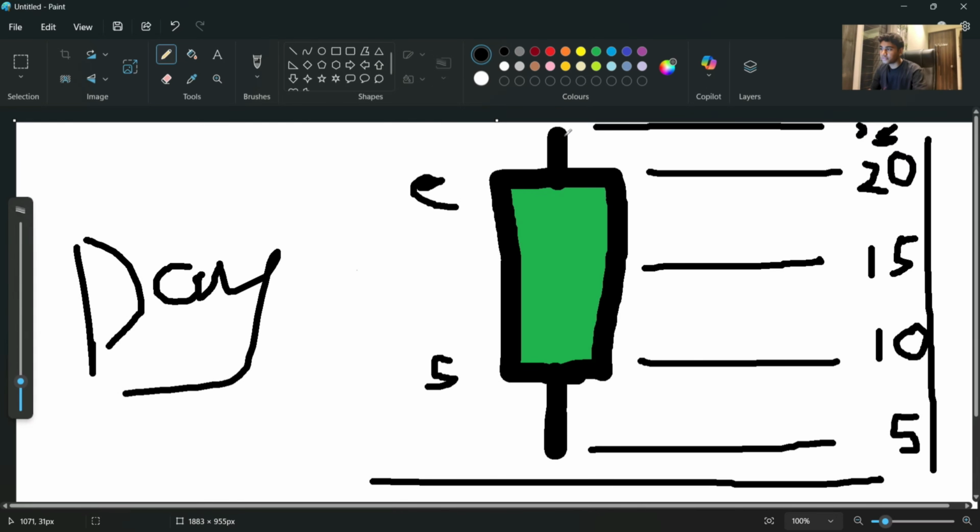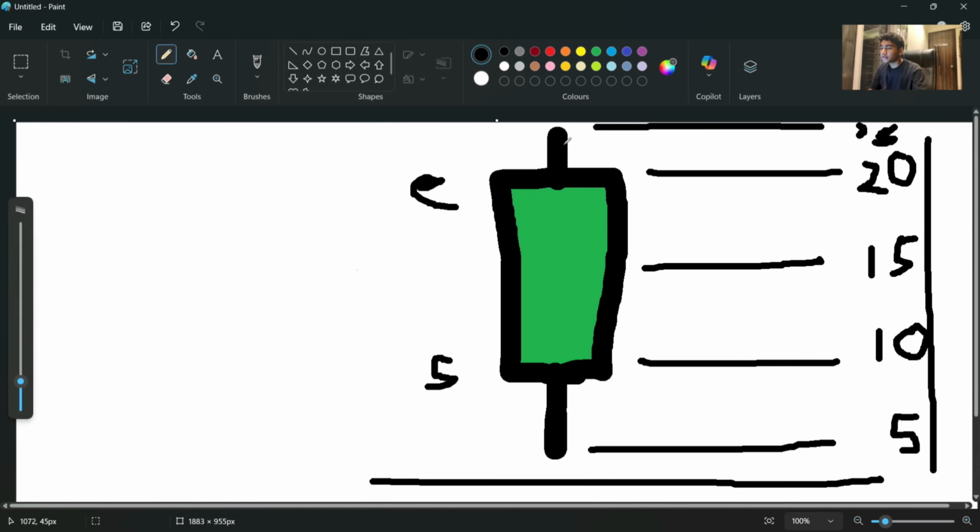This is 25, and the lowest point it has touched is 5, meaning it has not gone below 5, it has not gone above 25. This is the lowest point, this is the highest point, these are called wicks. And this is the range it has covered in a particular day.